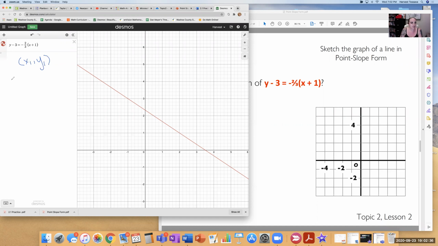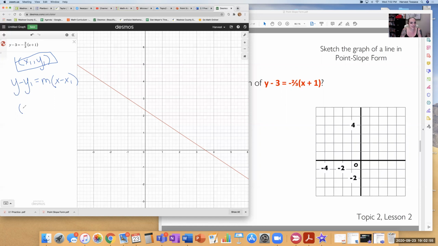Remember, our point slope form is y minus y1 equals the slope times x minus x1. So let's see if we can find this point on the line of our graph. And that point is, what is x1?